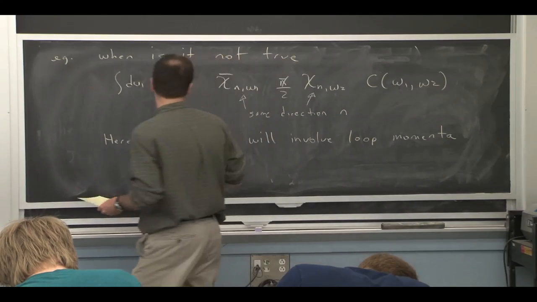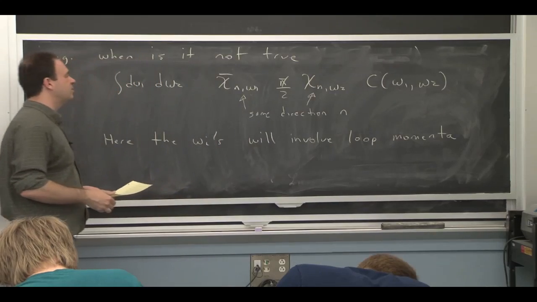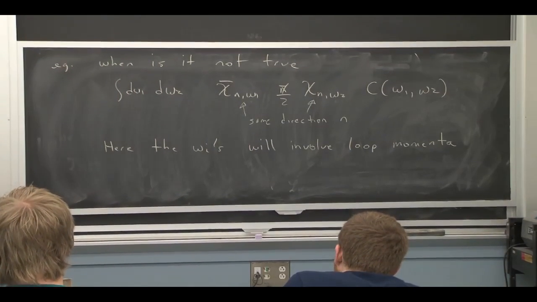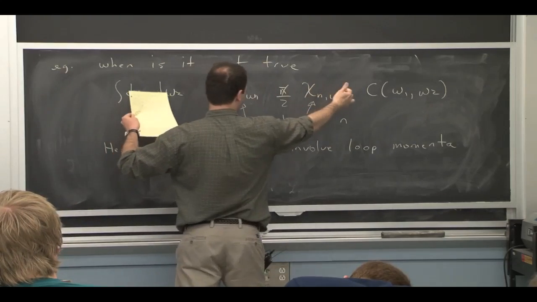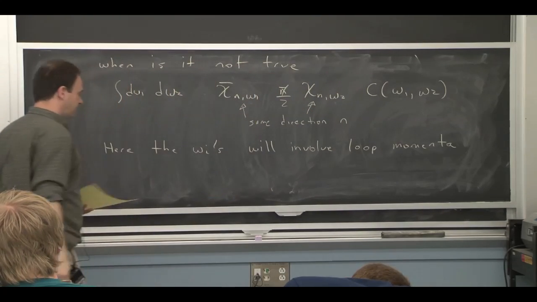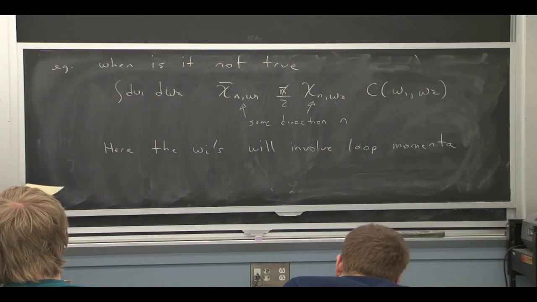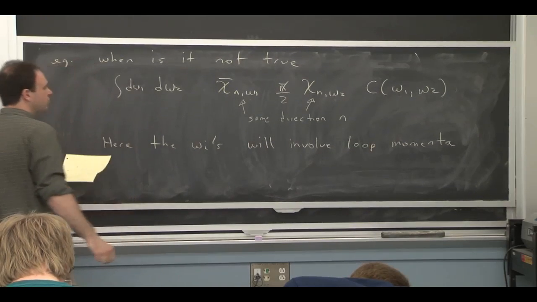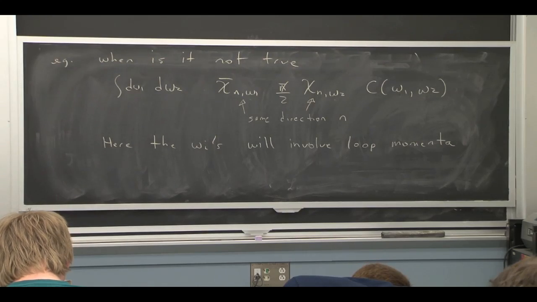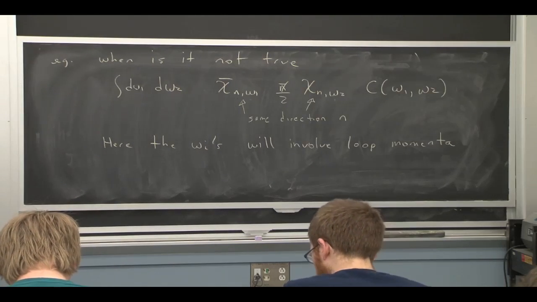Actually, it turns out that one combination of the W's is still fixed by external kinematics. So there's an overall delta function on this product. That would be fixed, and then some difference of these W's would not be fixed. That's the true story, but at least one combination is going to involve the loop momenta.